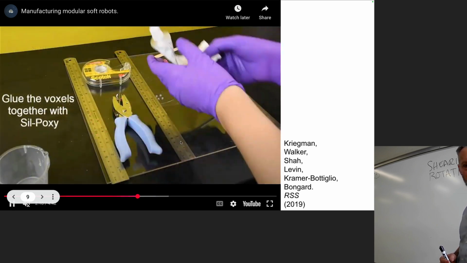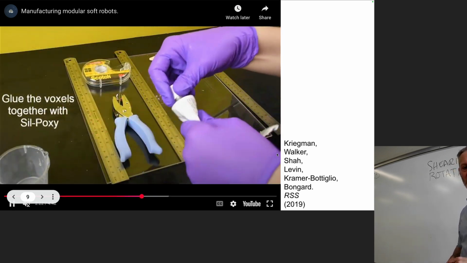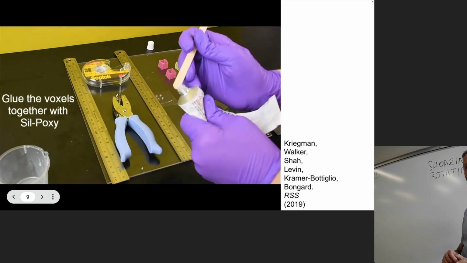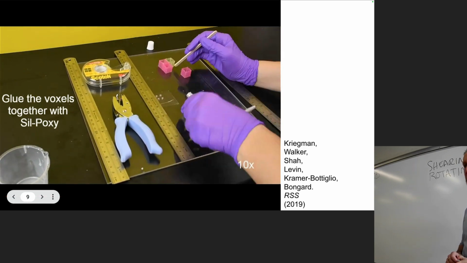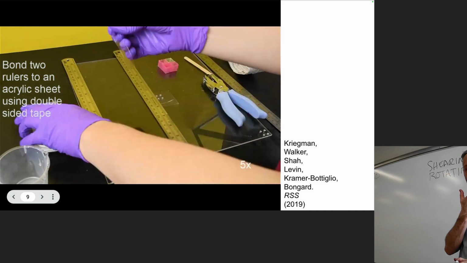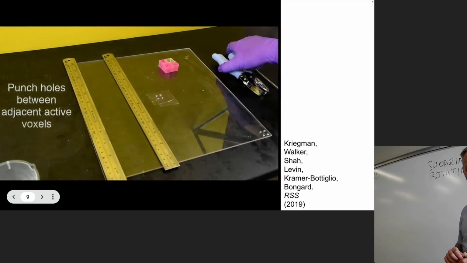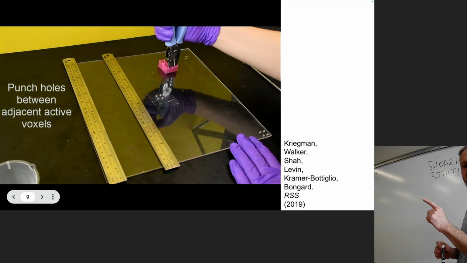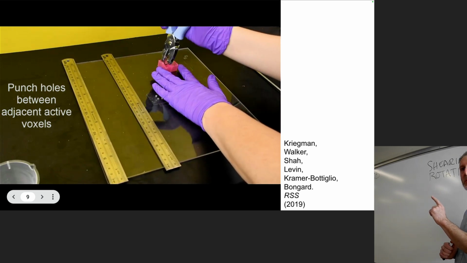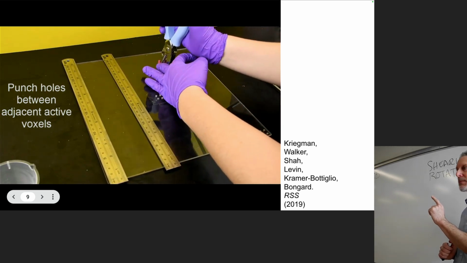Okay. You can see Sam has pulled out some of these voxels now. He's got 4 voxels in the back there with 5 of the 6 sides. He's going to add the 6th and final side to these voxels, but before he does, he's punching holes between neighboring voxels.